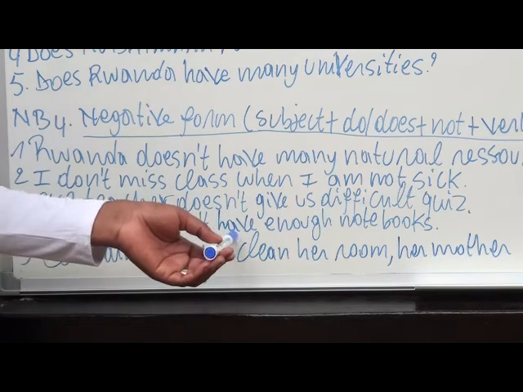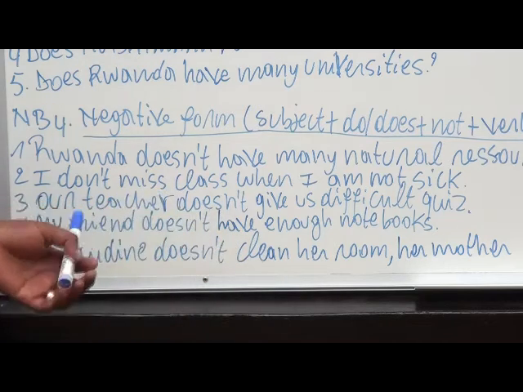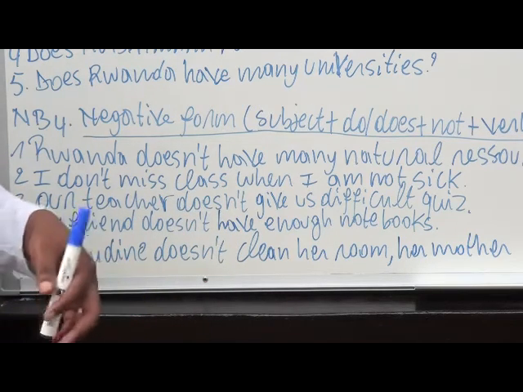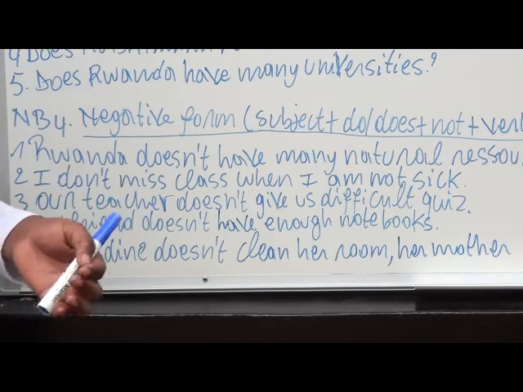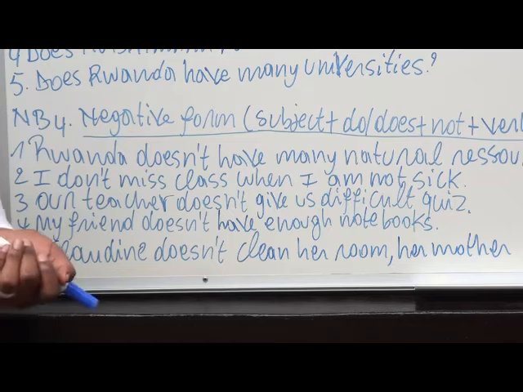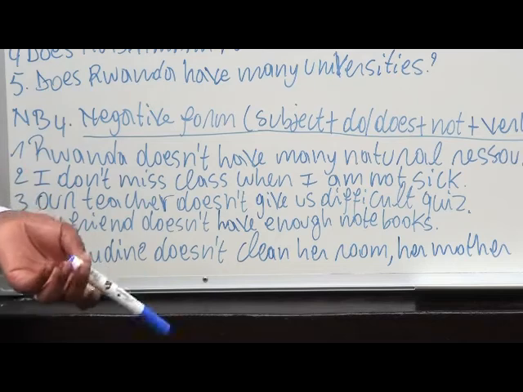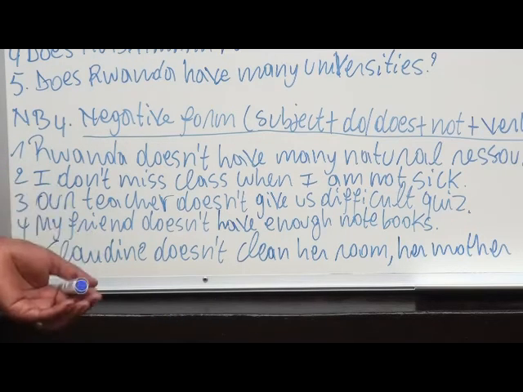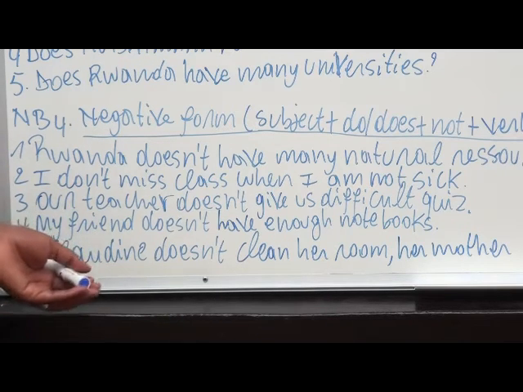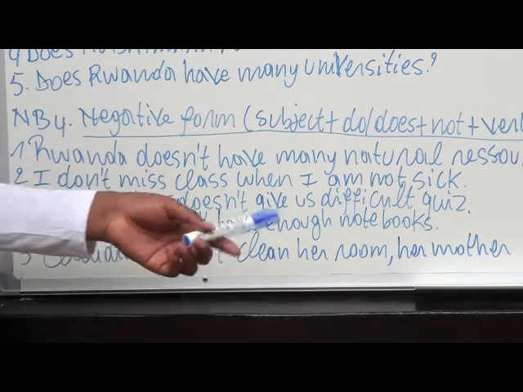We always need the infinitive without to when we have used the auxiliary do, whether in interrogative form or negative form. The main verb, which is not auxiliary, should always be the infinitive without to.